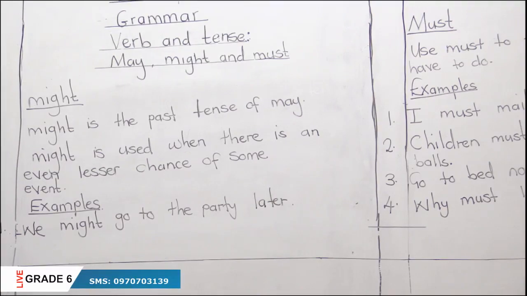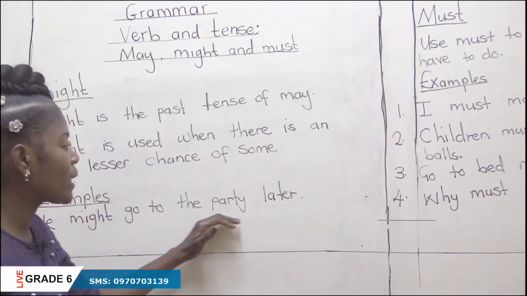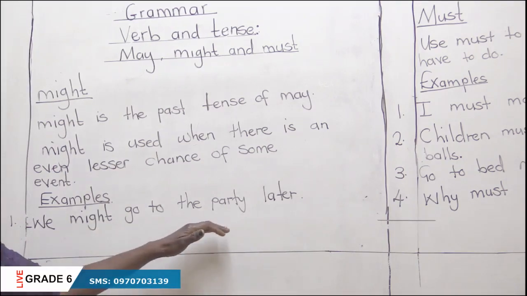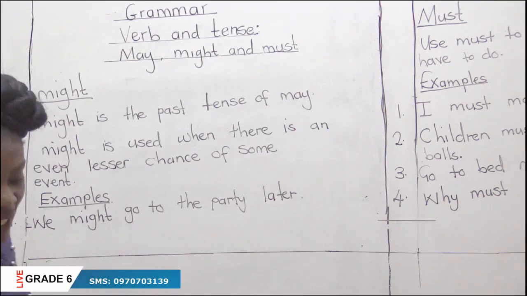We might go to the party later. Remember, it's used when there's an even lesser chance of some event. They might go or they might not go. We might go to the party later.